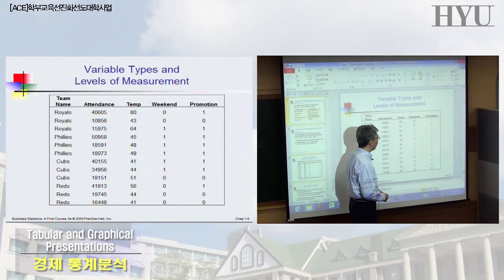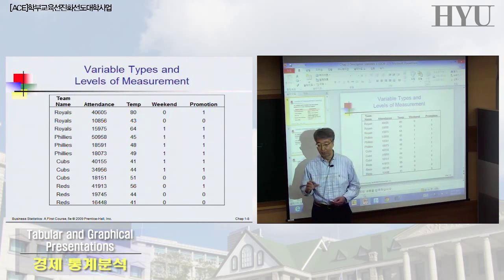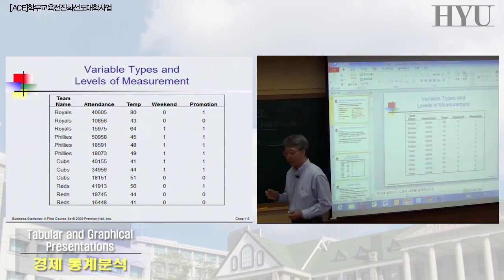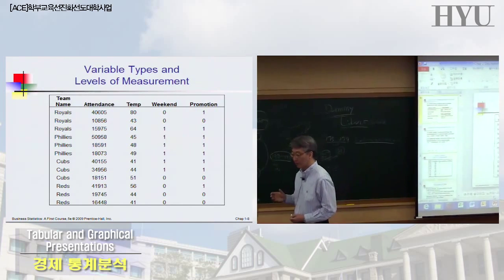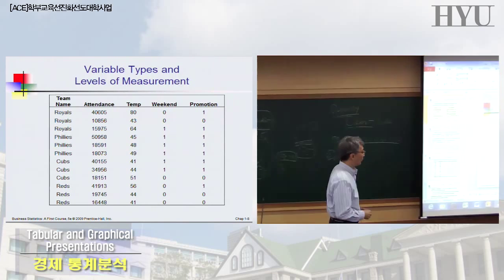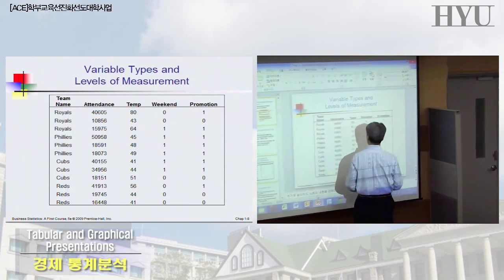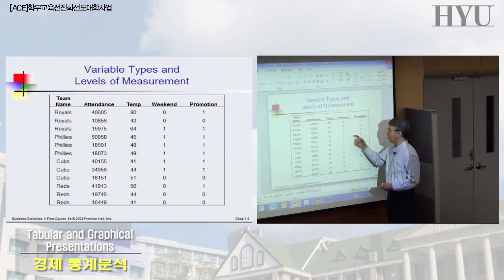The question here was: was this game played during the weekdays or the weekend? Obviously, if you play a game over the weekend, attendance is probably better than for weekday games. So usually you can assign either way. Weekend will be equal to 1 if it's the weekend, and 0 means that this game was played during the weekdays, okay?